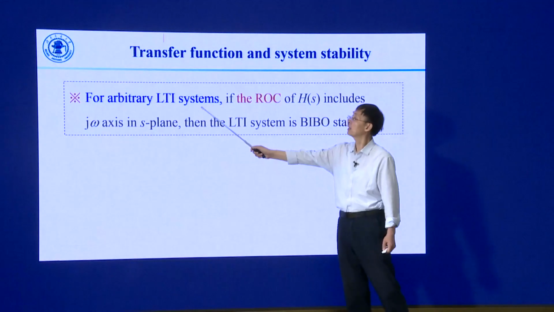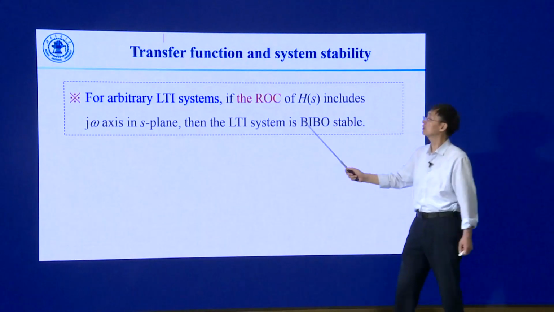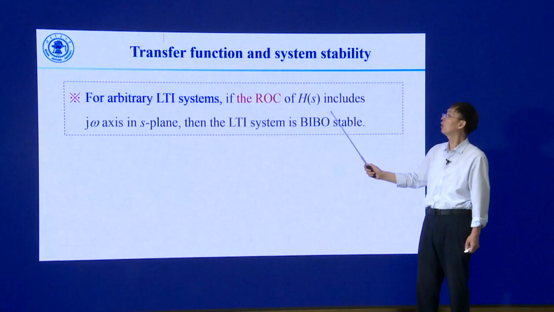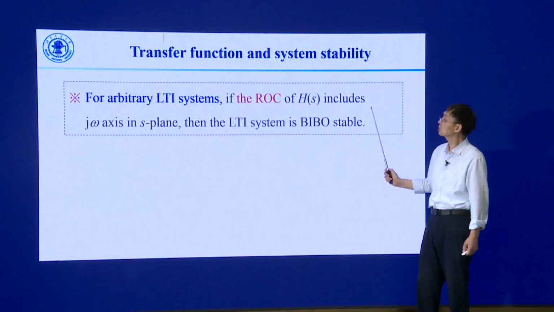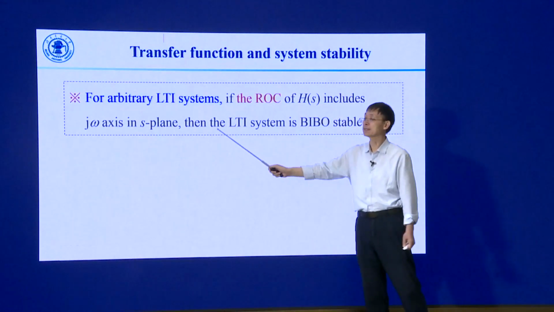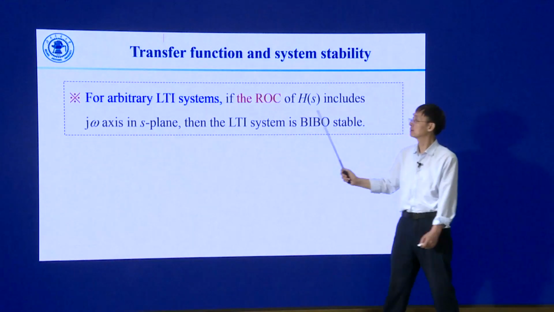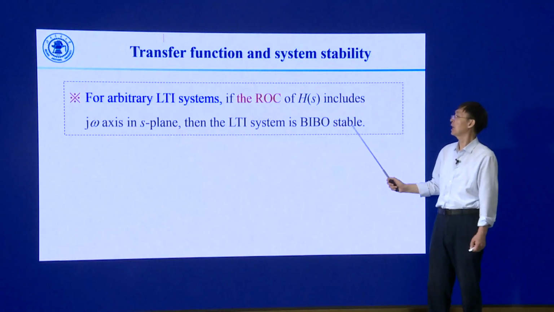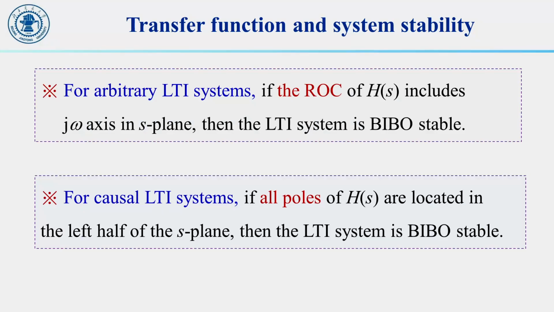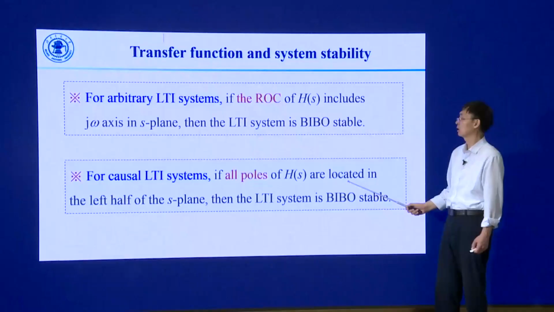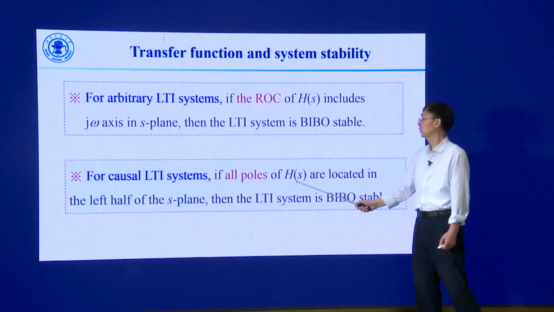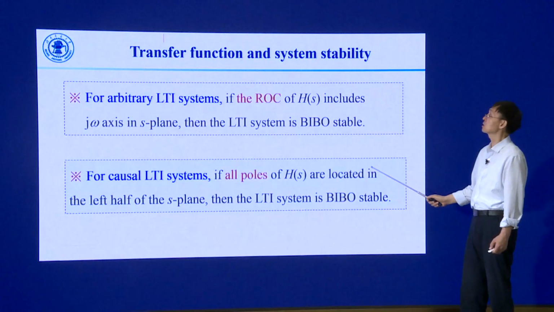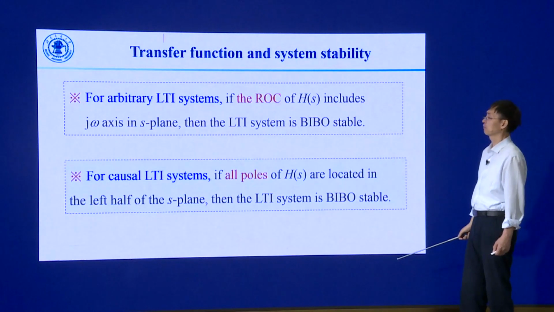So for arbitrary LTI systems, if the region of convergence for H(s) includes the j omega axis in the S-plane, the LTI system is BIBO stable. If the system is an LTI system and causal, we can use the poles to determine its stability.